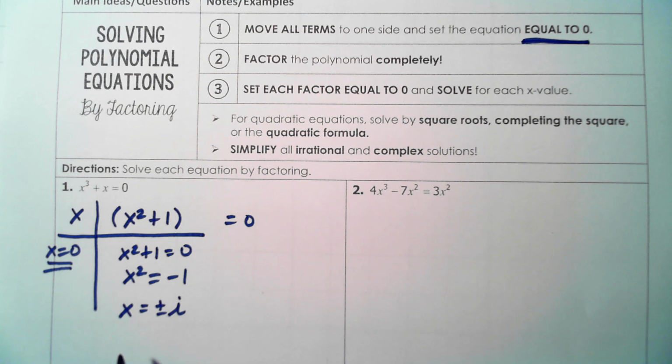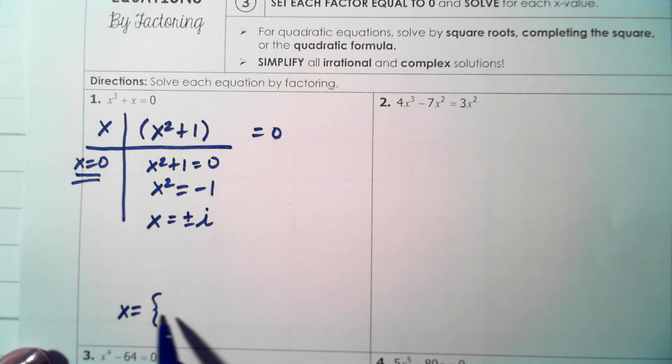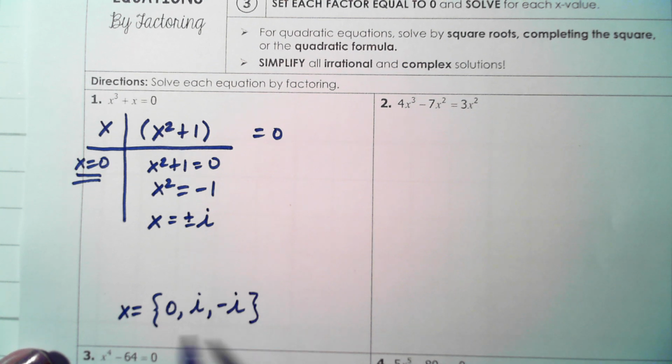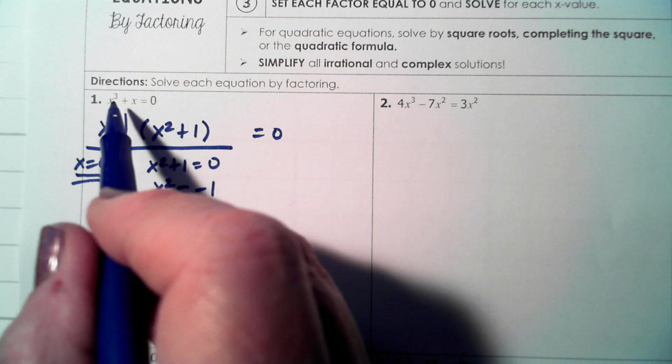And therefore, the solutions for this problem, we like to write these in solution sets. So we should write that x is equal to, and it's good to use the set notation, using the braces like this, x is equal to, and the answers are 0, i, and negative i. You can write plus or minus i. I like writing them all out so you can see that there are 3 zeros and it's a cubic.